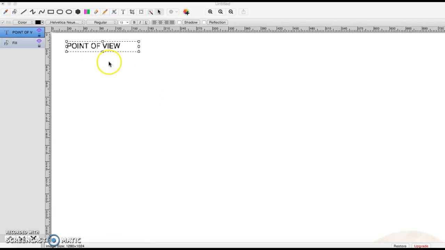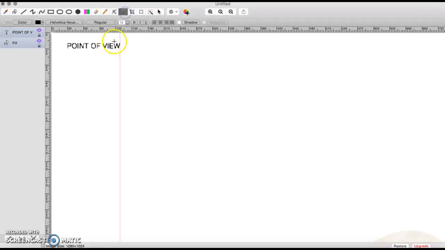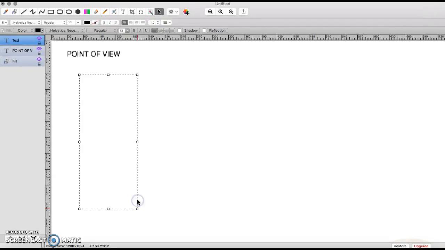So anyway, we're looking at this idea of point of view. Now, there are three basic types of point of view. There's first person, there is second person, and quite obviously there is third person. Hopefully this is not great news to any of you. Hopefully you've heard of this concept before.